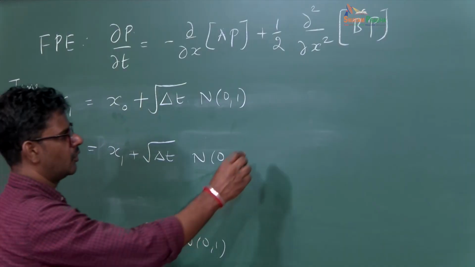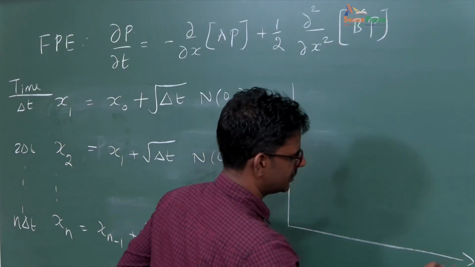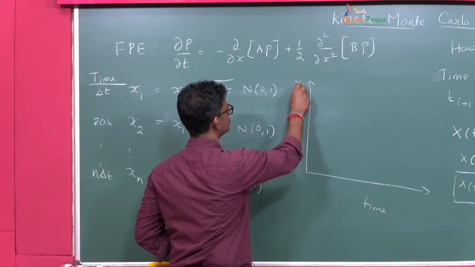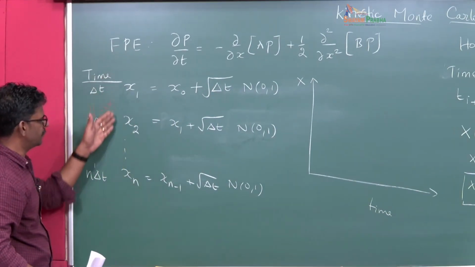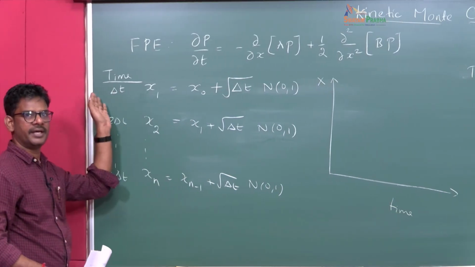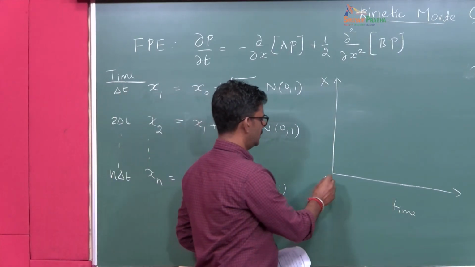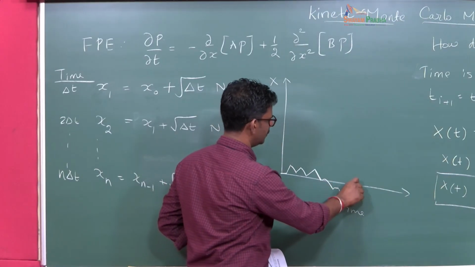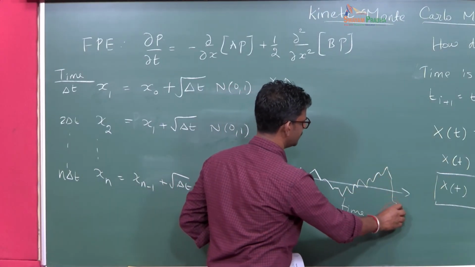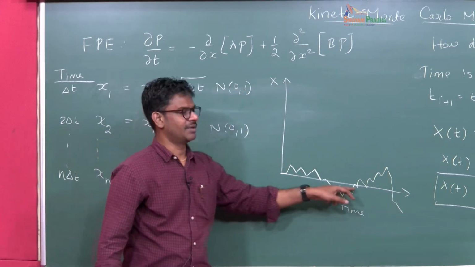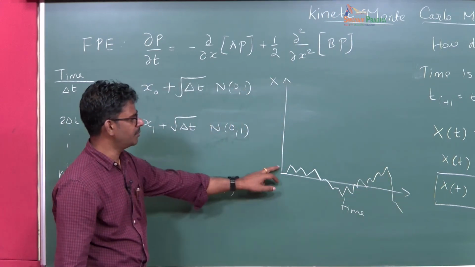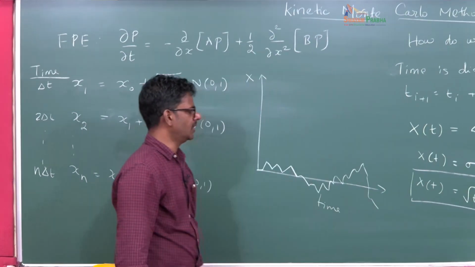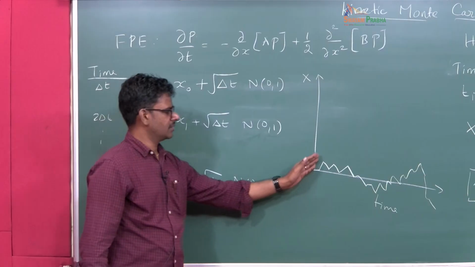So, when I plot the time versus the position, this collection of points, time and x, suppose I plot this, you will see that it follows a particular sample path. Okay. So, this is what I mean by generating the sample path numerically. So, this is one particular sample path.